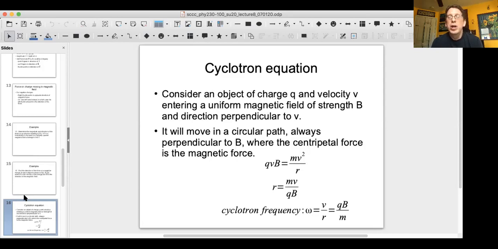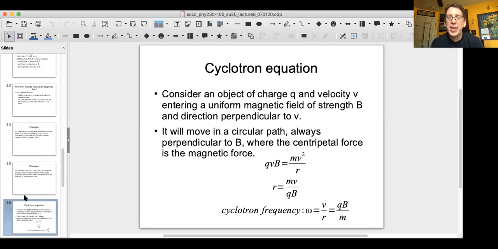If you fire a charged object into a magnetic field, it's going to move in either a circular or a spiral motion, depending on whether its initial V is perpendicular to the magnetic field, or whether there's a parallel component, in which case it will move in a spiral motion rather than a circular motion.